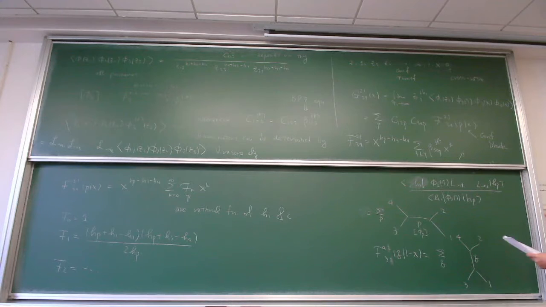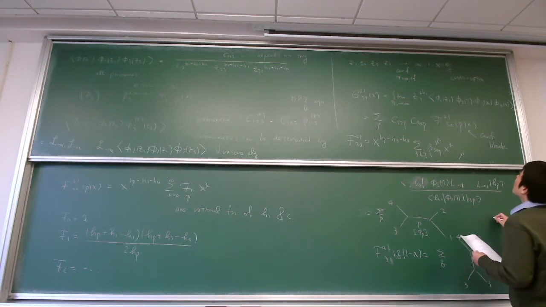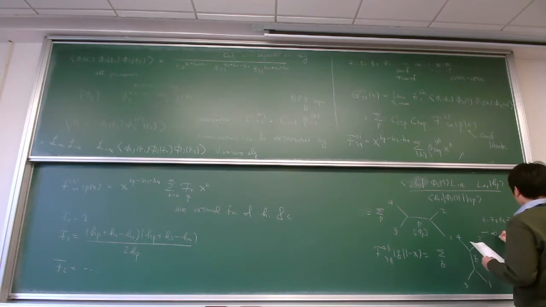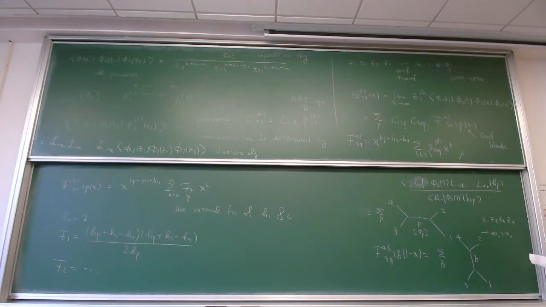Okay, now I take. So here I think this is the case. z2, z3, z4 is infinity, and then 1 minus x, and x3 is 1, and z4 is 0. Yeah, I think this is what I have taken.